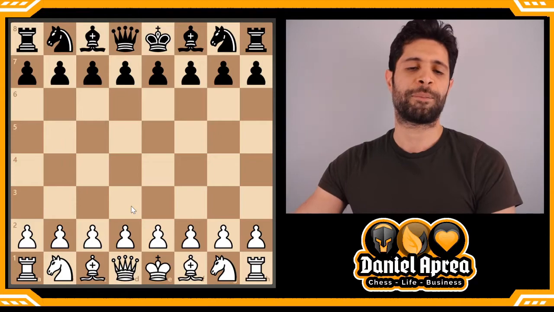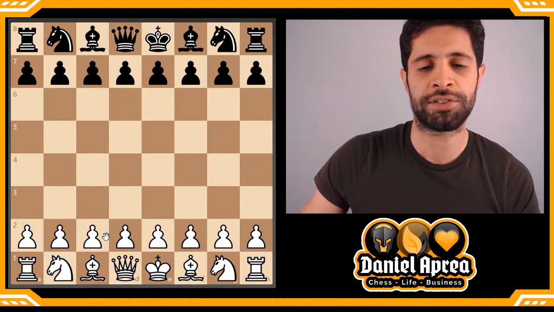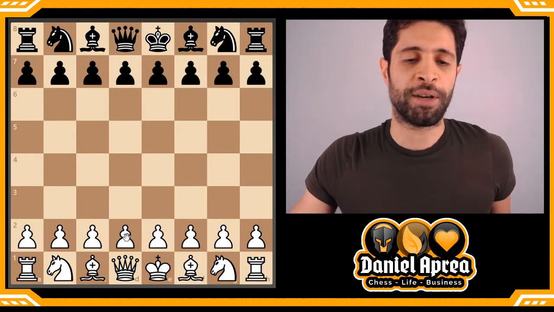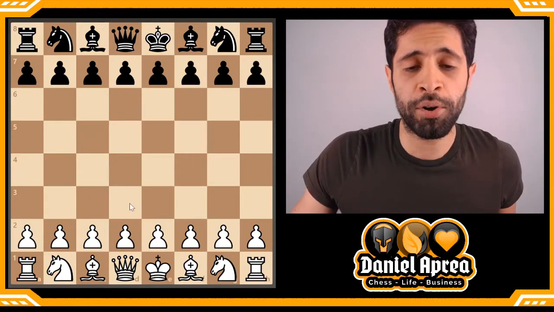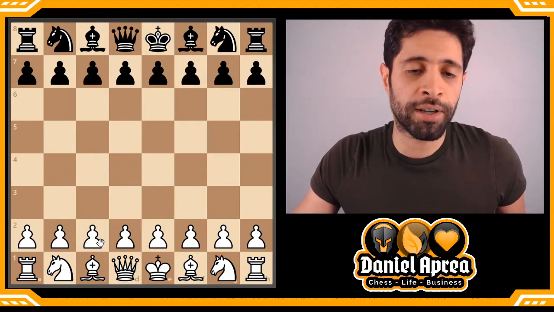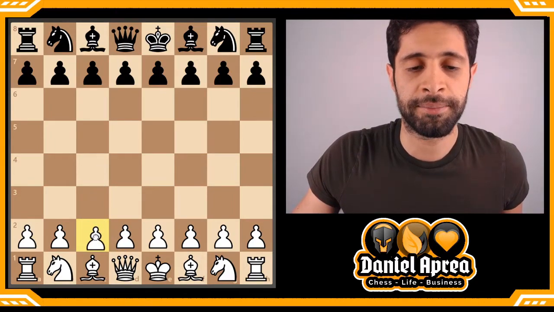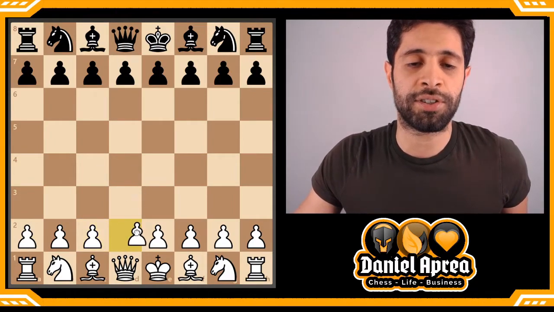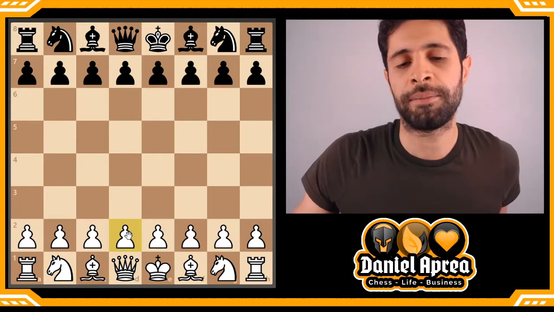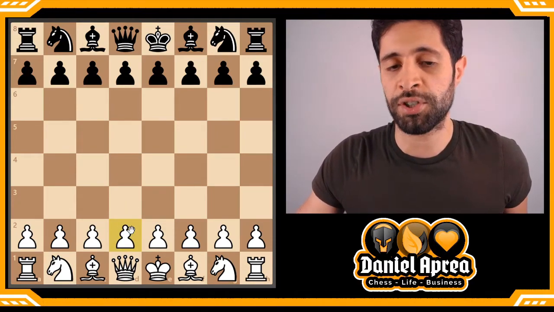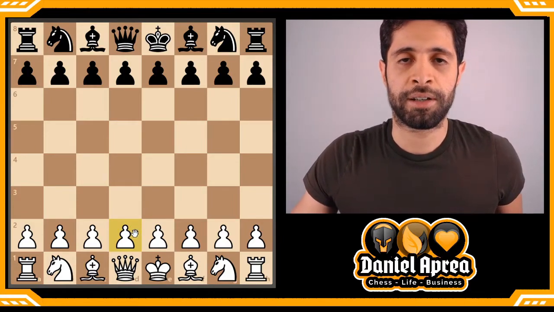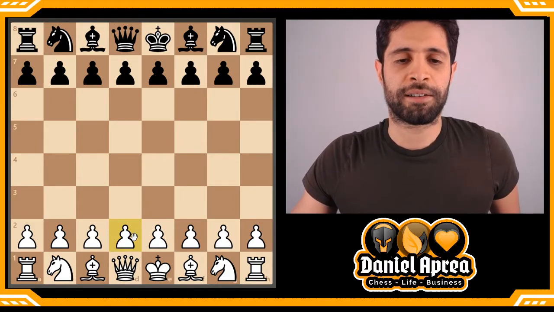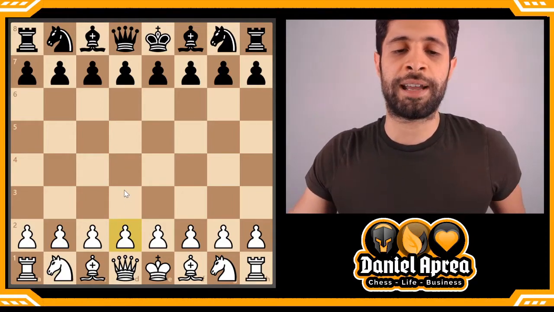The reason a pawn is not considered a piece is that it has a very different way of operating, so it's considered something of its own. A pawn can only move forward, never back. That means pawn moves are the most committal type of moves in chess.